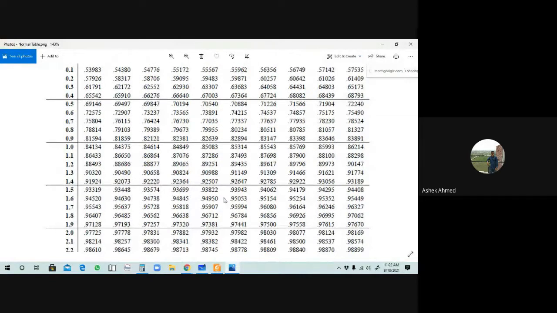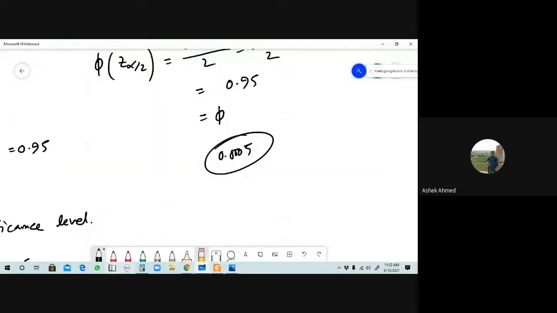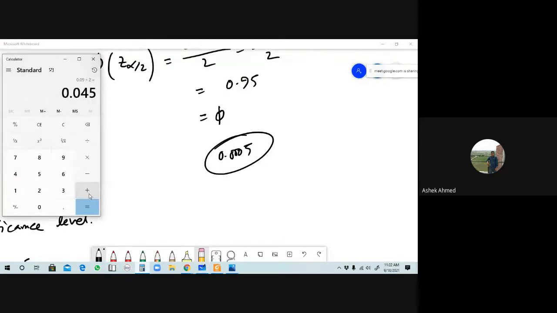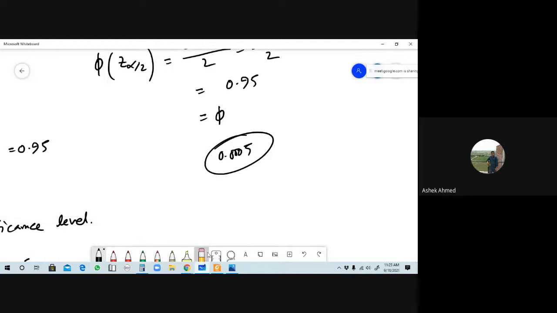Once it is the middle point, its corresponding integer and first decimal place is 1.6. So if you sum 1.6 with this result, it will go to 1.645. So from here we can write that z will be 1.645, then the value of z suffix alpha by 2 will be 1.645.